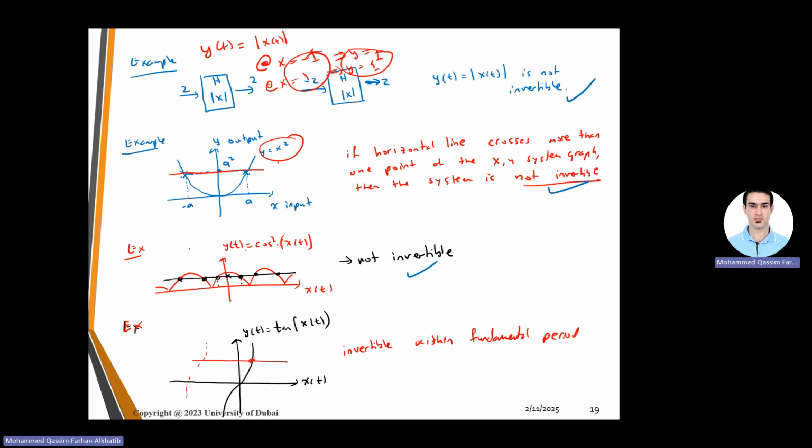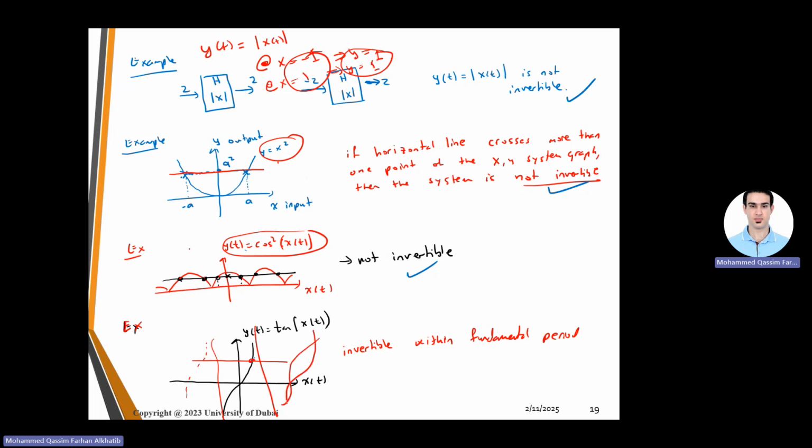The square, I've done that already. Sinusoids in general are not invertible. Why? Because it's a periodic function. It will always produce the same values for different points in the input. The tan function, tan of x of t, is invertible on the condition that I'm looking only at one fundamental period, because the tan will keep repeating itself.